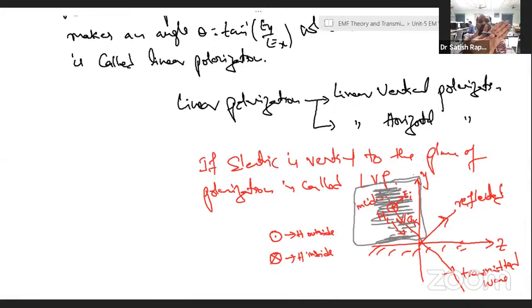If the electric field is like this, it is perpendicular. If the electric field is like this, it is parallel. Like this, or any direction in the plane, it is parallel, right? So parallel to my hand.